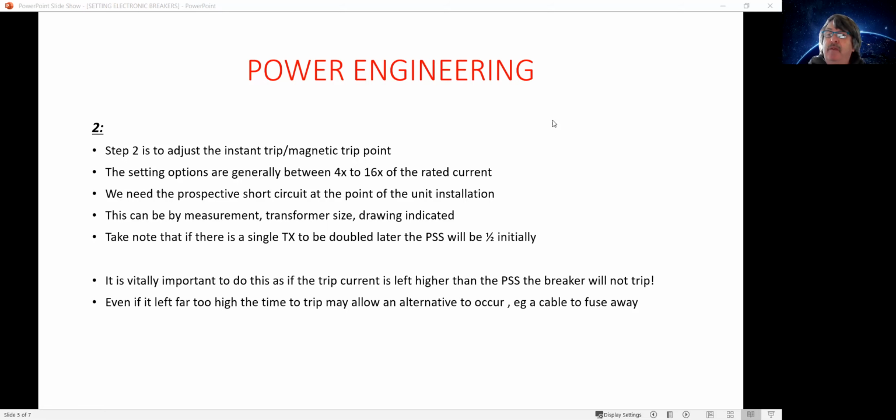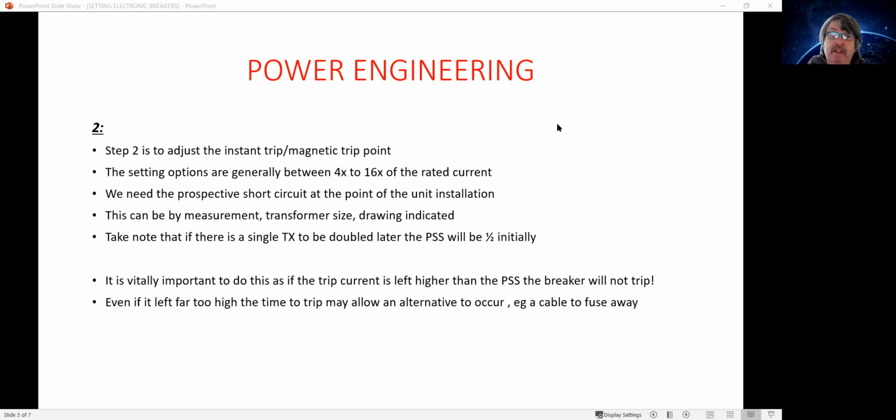As we said, if it's a shopping complex where they've only put in half the transformers, you will only get half the short circuit initially there.